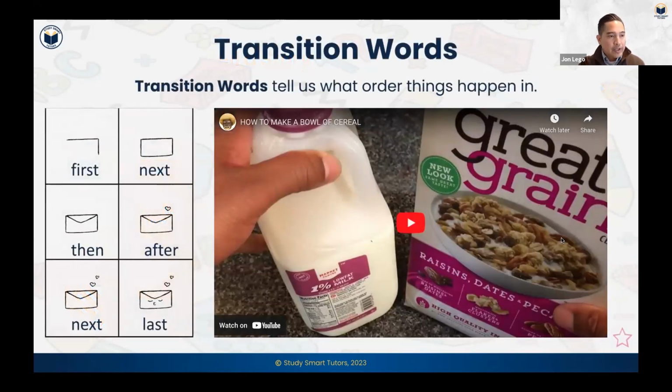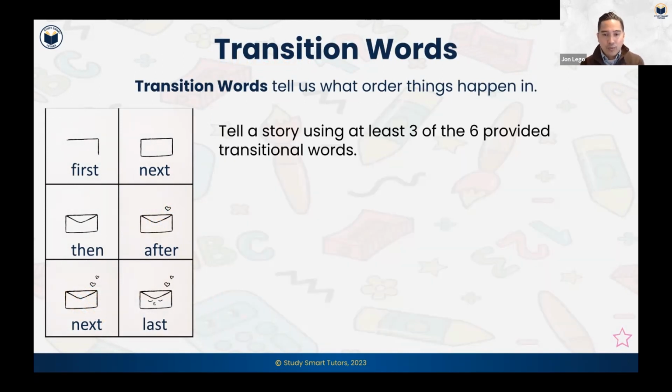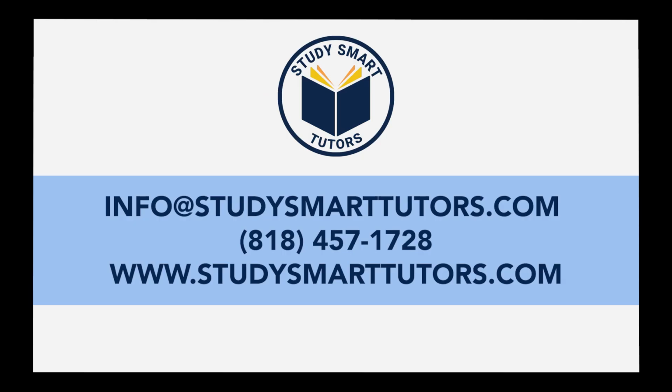With this, we have activities of integrating and utilizing transitional words. This is where you would differentiate depending on your students, their comfort levels, and their mastery of the English language, in how much you want them to utilize within the content you're teaching. So for today, let's use at least 3 of these transitional words.